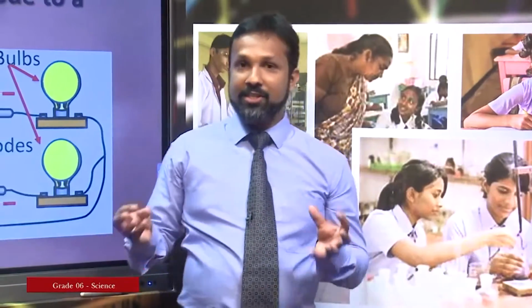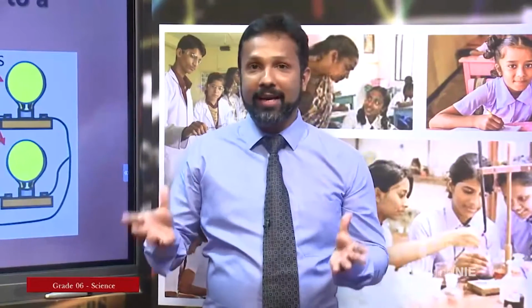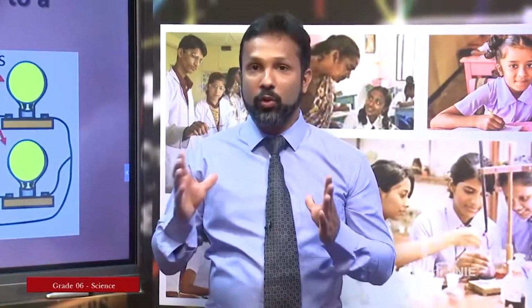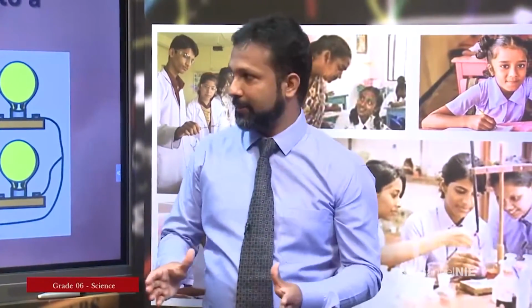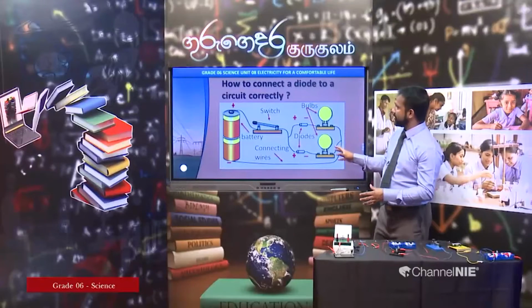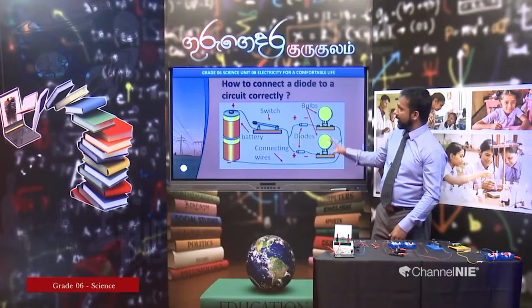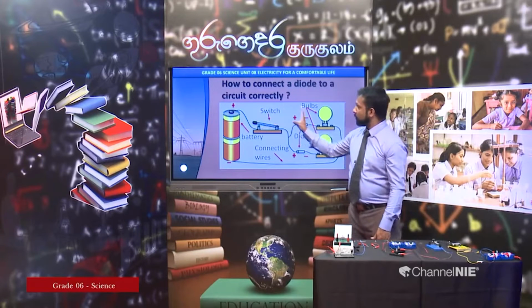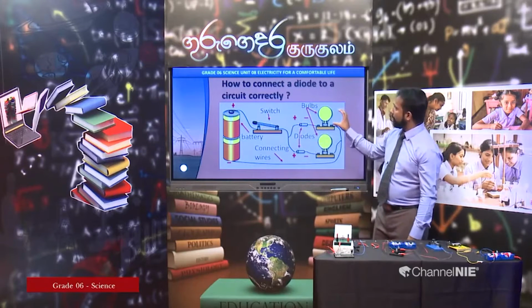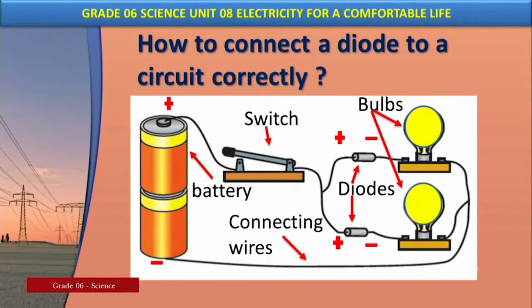Alright, we studied how to connect diodes to a circuit in the proper way. In this instance, as shown in this diagram, positive to positive, negative to negative, the bulbs are glowing.